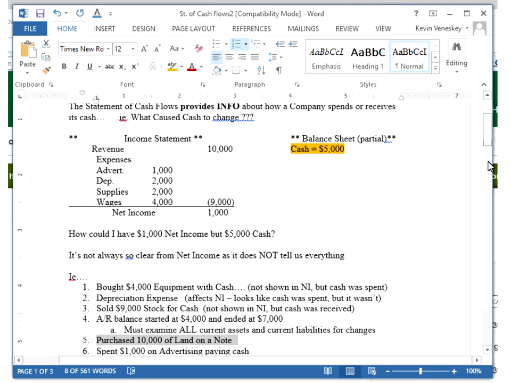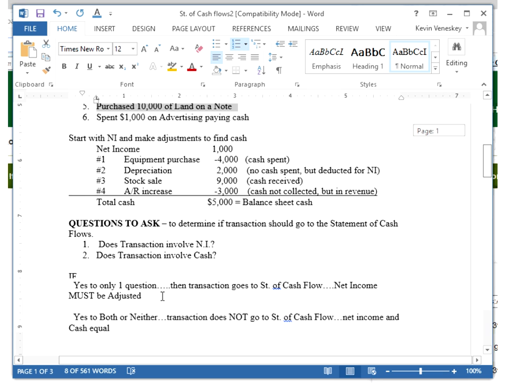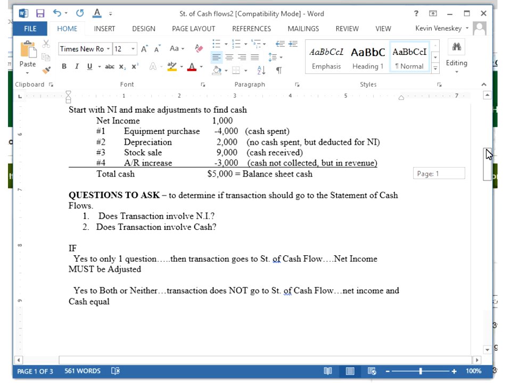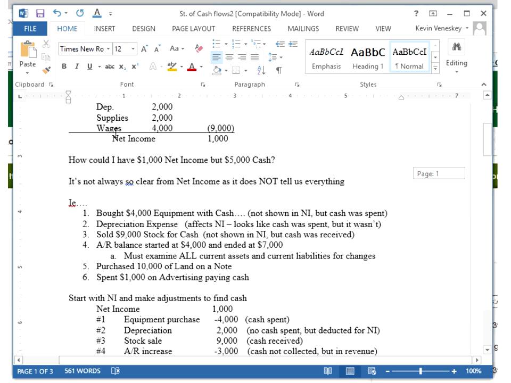And neither land nor note payable involves cash. So the answer is no to both of them. So we'd come down here to the second one. The transaction should not go on the statement of cash flows. There wasn't any cash spent, and the net income didn't make it look like any cash was spent. So there's nothing to adjust. The $1,000 starting point was sufficient.